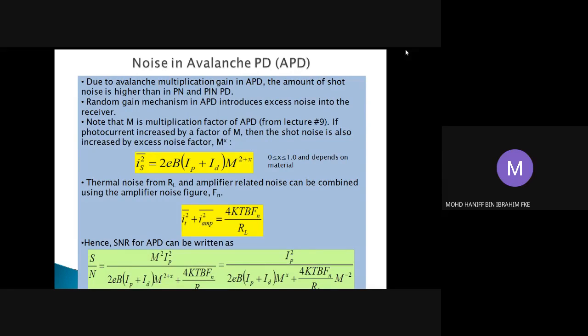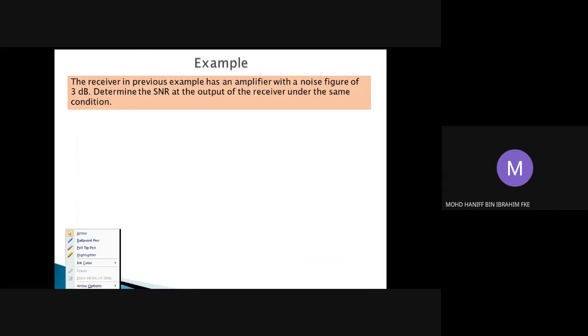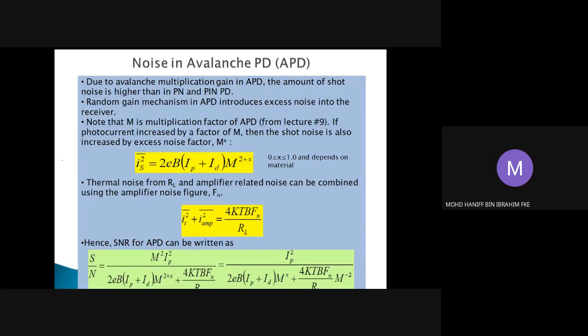We have learned in chapter 5 that the difference between the PIN photodiode and the APD is the effect of avalanche multiplication in the APD, which is given by the multiplication factor M. If you can recall from chapter 5, the multiplication factor M is given by the current produced at the output of the APD, I_M, divided by the initial photocurrent.